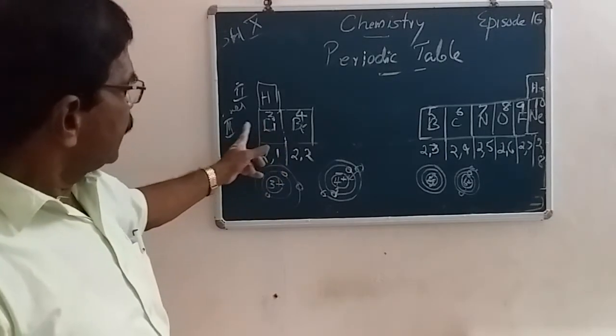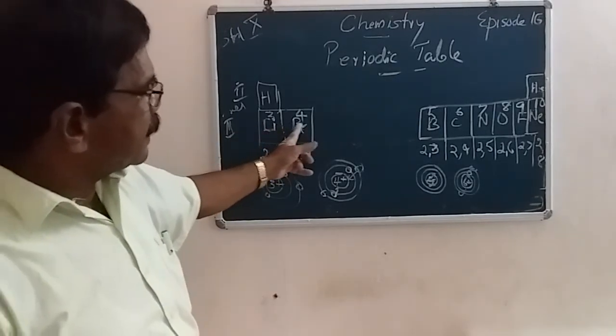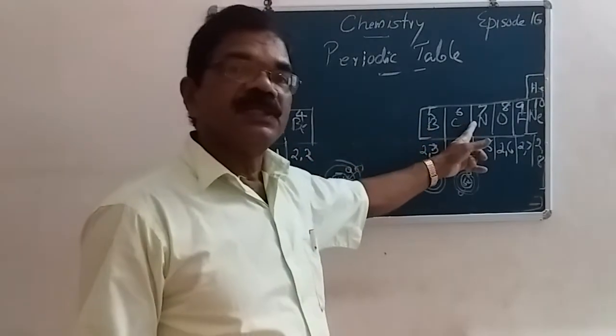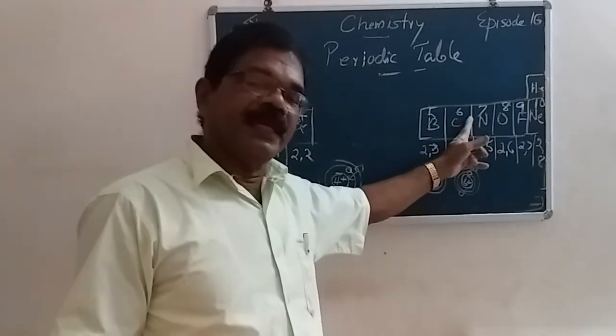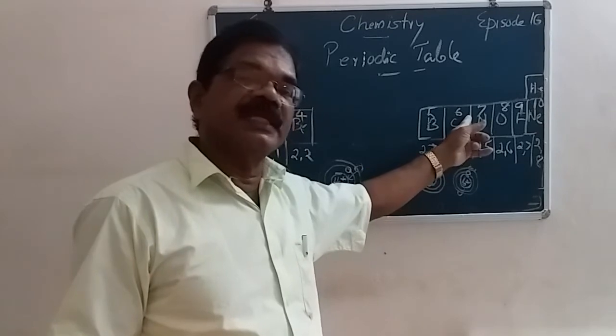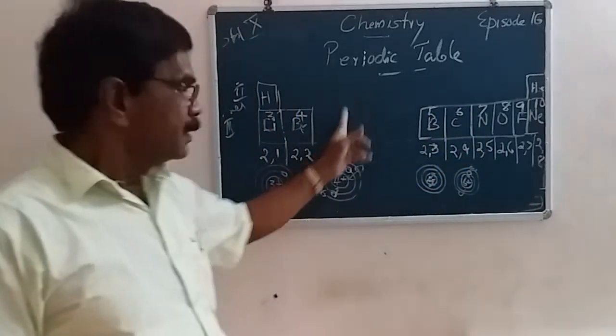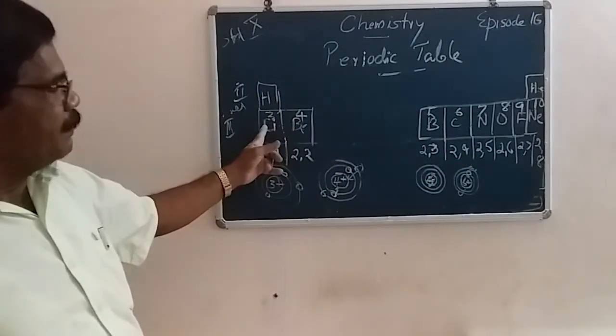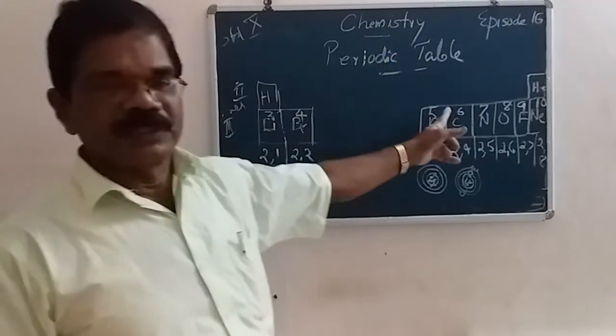All the elements in the second period have 2 shells. Period number denotes the number of shells. In the second period, all the elements have 2 shells.